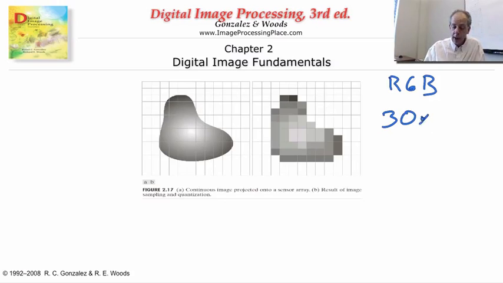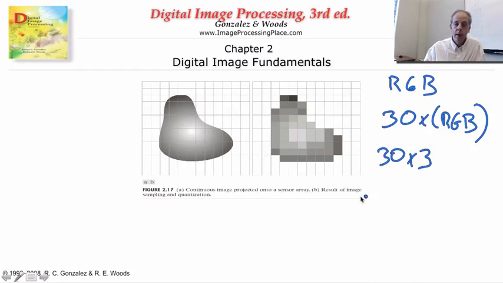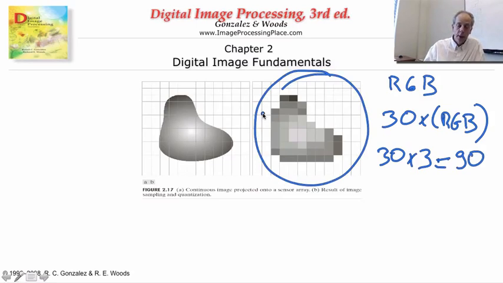So you're going to have 30 times R, G, and B. And each one of these, remember, is one of these 2-dimensional structures. So if you want to have 1 second of video in your computer, you have 30 times 3 images. 30 images in 1 second, and 3 because you have 3 colors. So in 1 second, you're going to have 90 images of this type to represent 1 second of video.